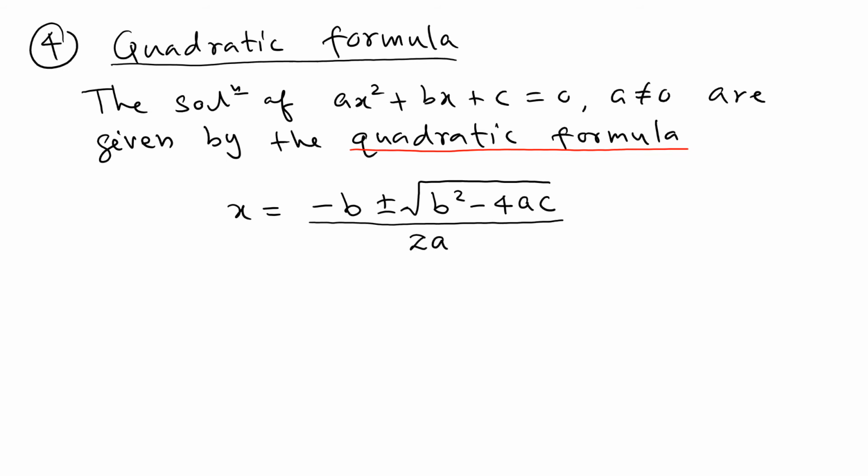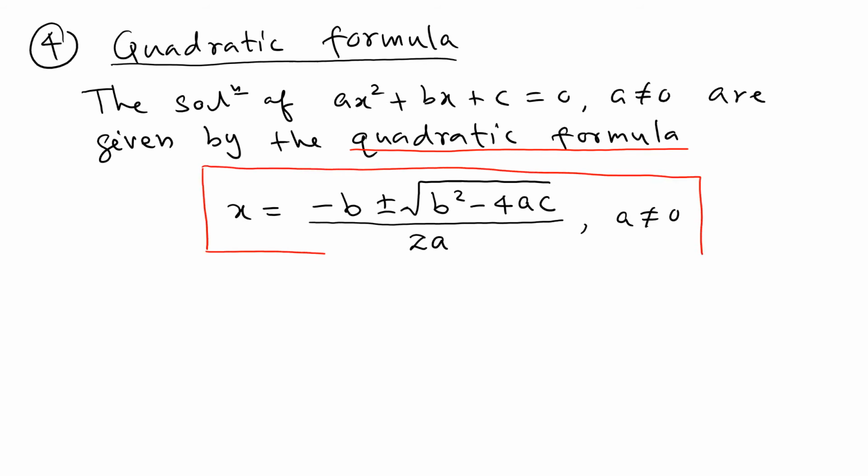That is what we call the quadratic formula, and this is only valid when a is not equal to 0, because you are dividing by 0 otherwise. So this is something you have to remember: negative b plus or minus square root of b squared minus 4ac, and everything divided by 2a.